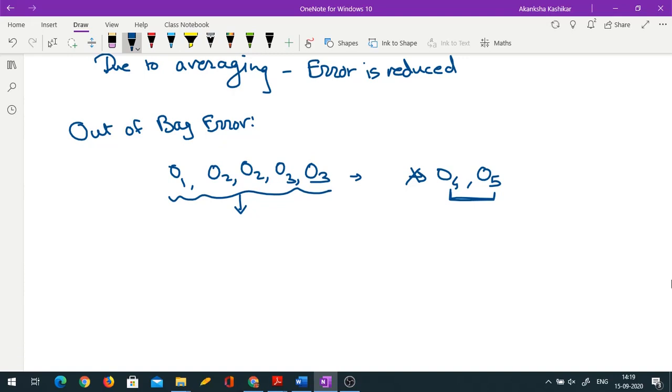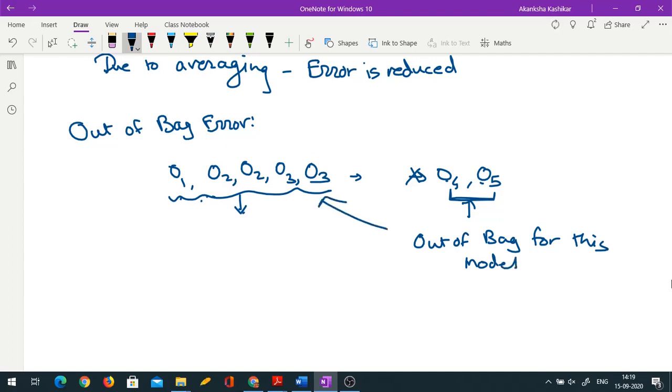Getting it? Let me repeat. When I fit a model to this bootstrap sample, my bootstrap sample doesn't contain O4, O5. As a result, my model is not based on O4, O5. So we say that O4, O5 are out of bag for this particular model, the model fitted on this data.